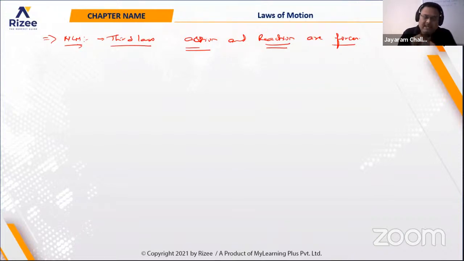If the action is taken by somebody, then the reaction will be taken by some other body. From this you can say that the force acting on the first body due to the second body is equal to the force on the second body because of the first body, but both of them are the same in magnitude and opposite in direction. Okay, so this is Newton's third law.